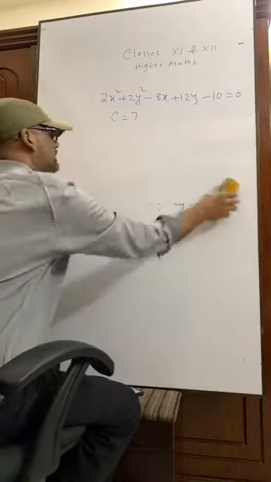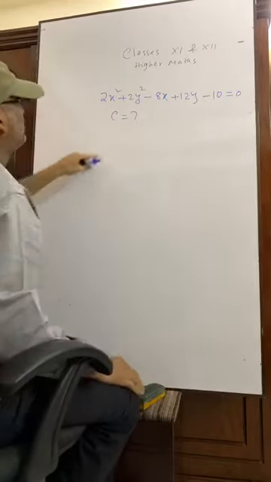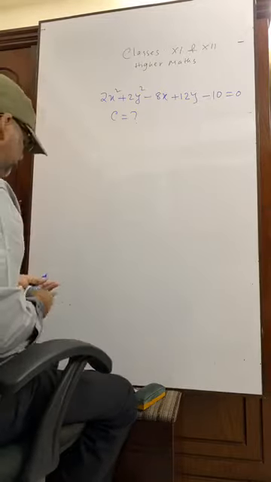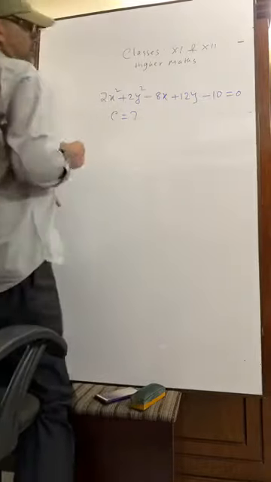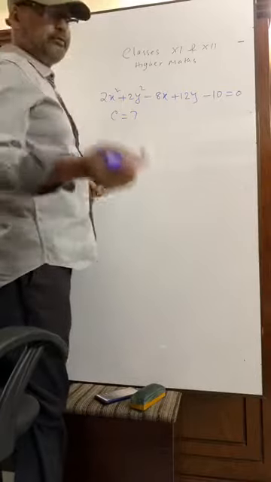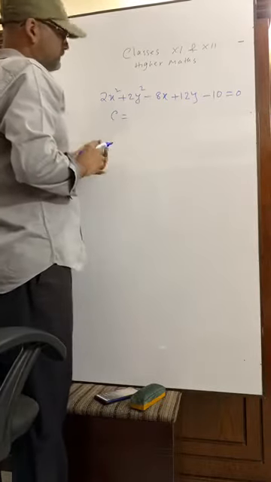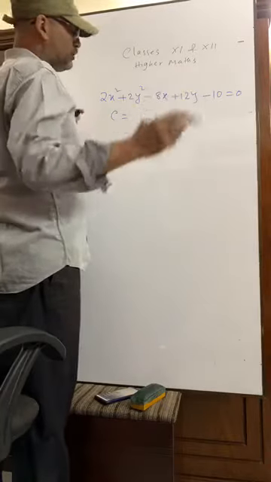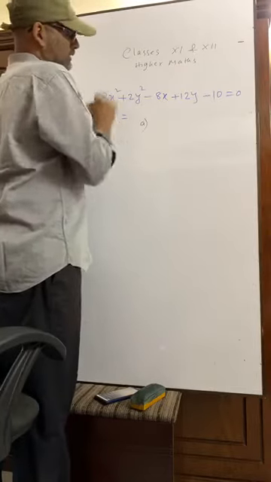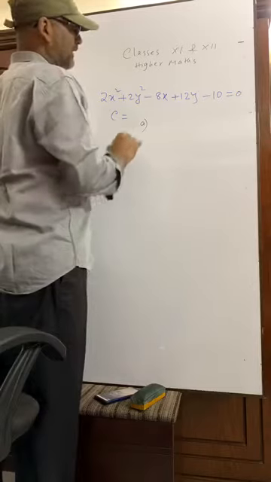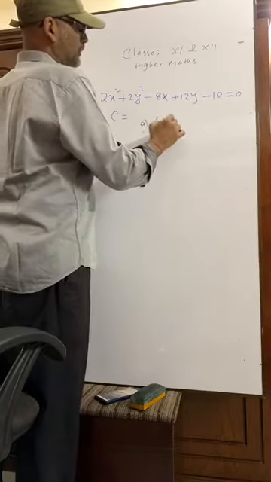Now can you just tell me what will be the center of the circle? I am giving you options. Center of the circle. Option A: 4, minus 6.